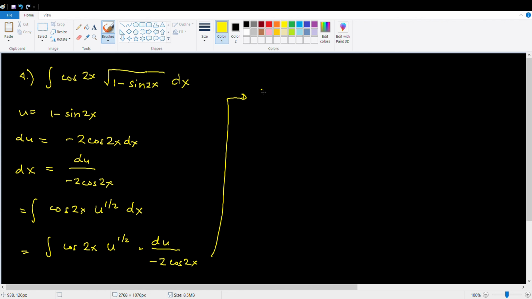This becomes equals negative 1/2 integration of u raised to 1/2 times du, which is just equal to negative 1/2 times u raised to 3/2, because we have added 1 to the exponent, 1/2 over 3/2 plus c.